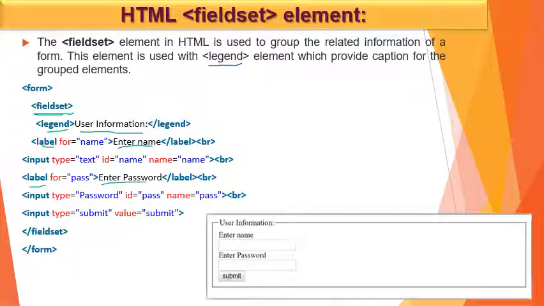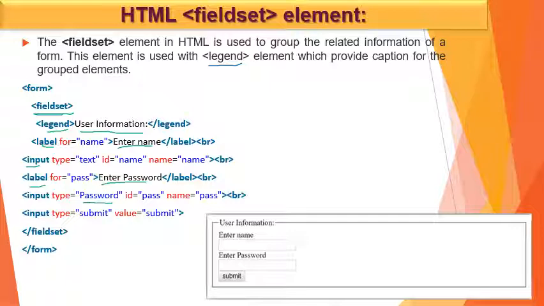The next is an input, which has three attributes, that is type text, id is equal to name, and name is equal to name. These three attributes are also very important for input type control. The two input type controls are given. The second input type is password.